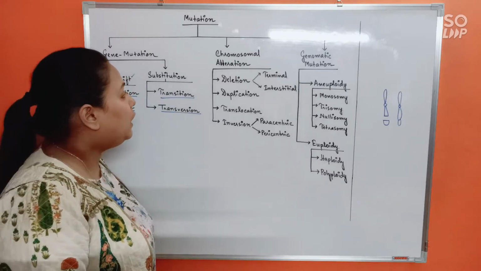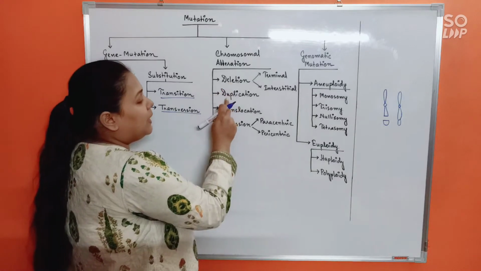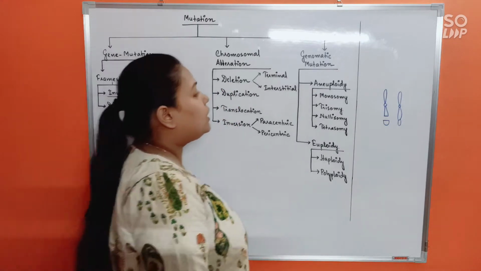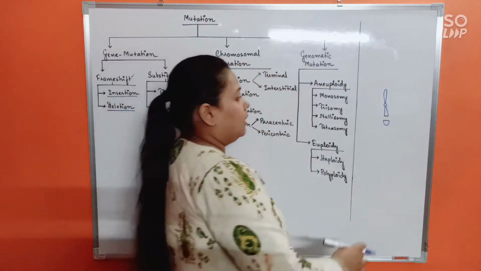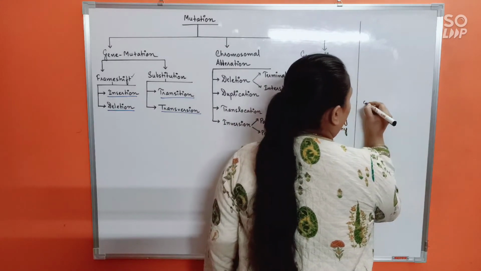Okay. Now see, chromosomal aberration can be of 4 types: deletion, duplication, translocation and inversion. So let's start with deletion. Suppose this is the chromosome.